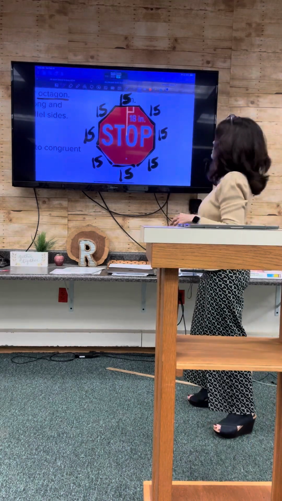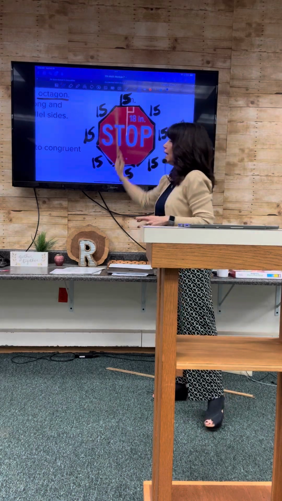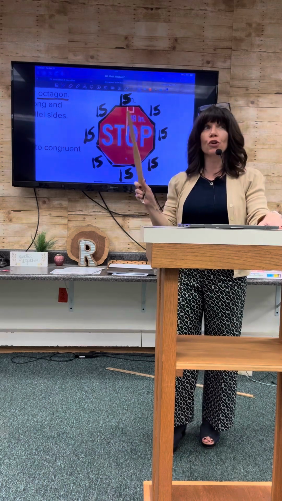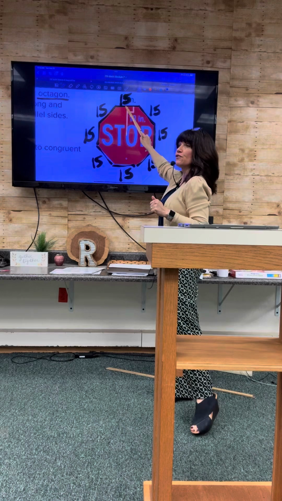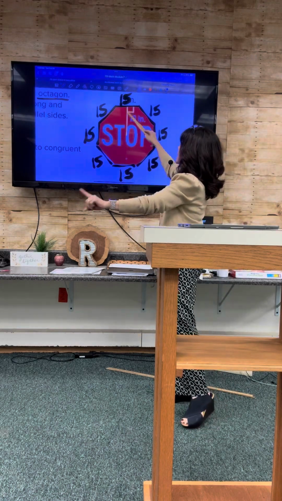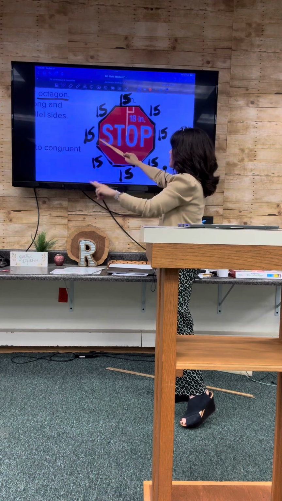When I look at 15 all the way around, if I were trying to find the perimeter, the distance around an object, what would I do with all of these 15s? Add them all up. So it would be 15 plus 15 plus 15 plus 15 plus 15 plus 15 plus 15 plus 15.